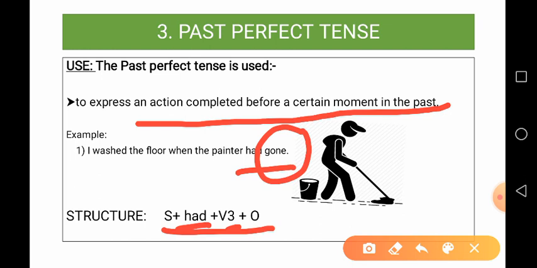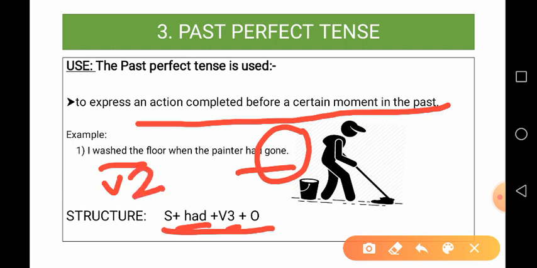So always remember, in the past perfect tense, the first action that occurred is written in the past perfect tense form and the second action occurred after is written in the simple past tense.